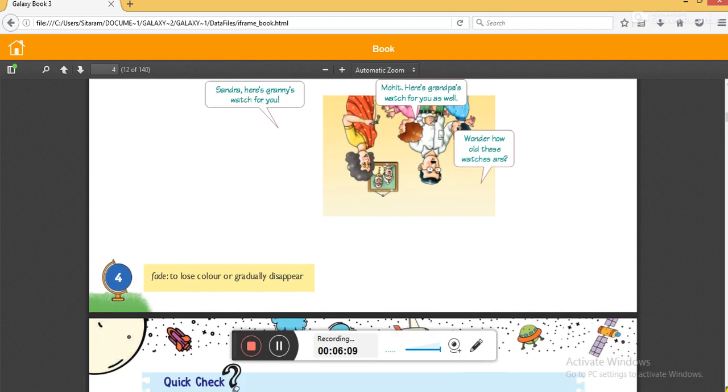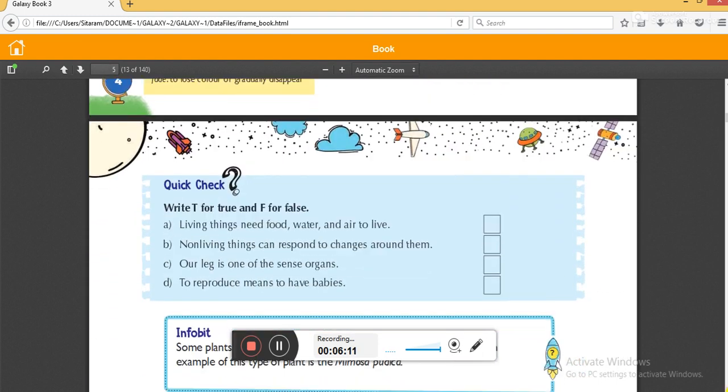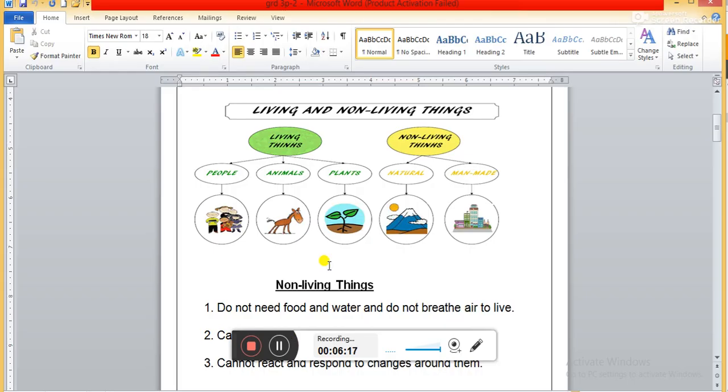Next, I made a small notebook for you. See the difference between living and non-living. What are the living things? People, animals and plants are living things. What are the non-living things? Non-living things are natural and man-made also.